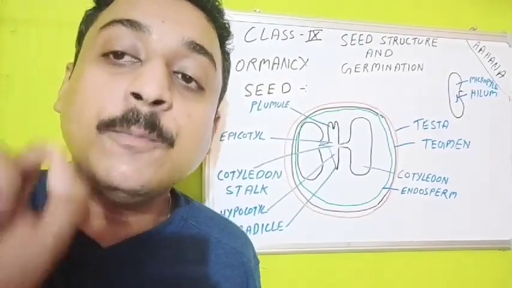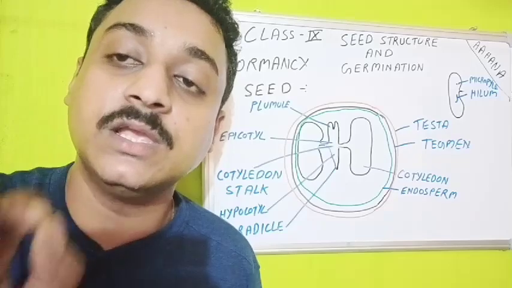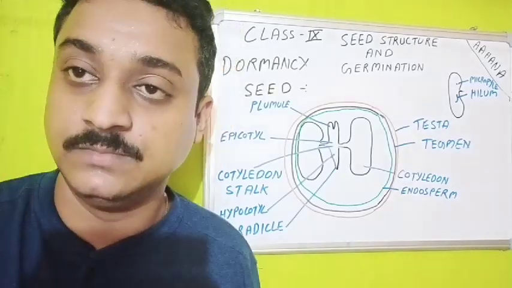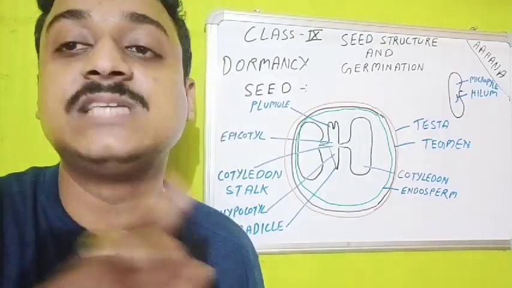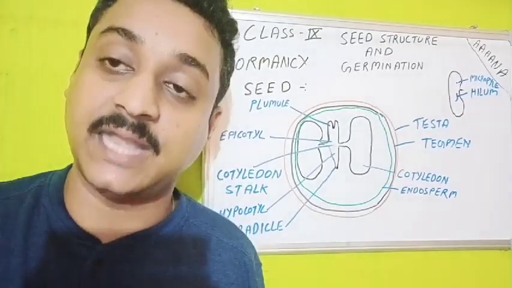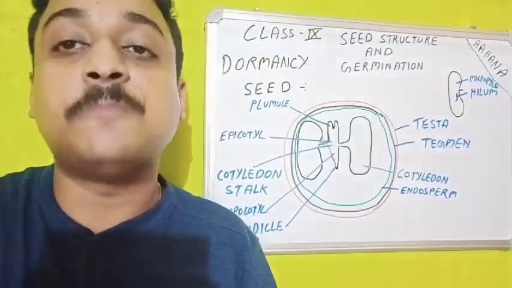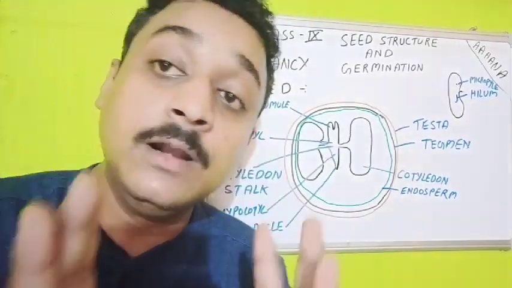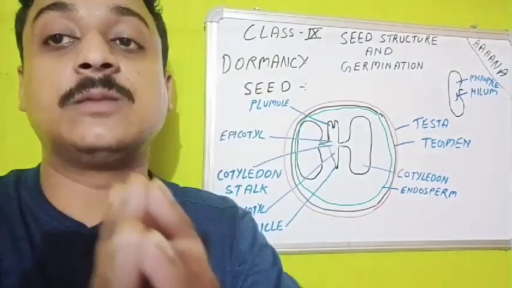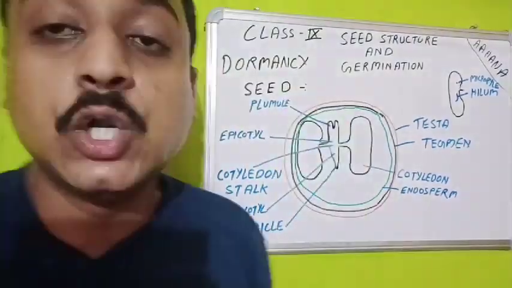Only some small metabolic processing will be going on inside the seed. The seed will just pass the time because the condition outside is not favorable. Once the favorable condition sets in, the seed will germinate and break the dormancy period.